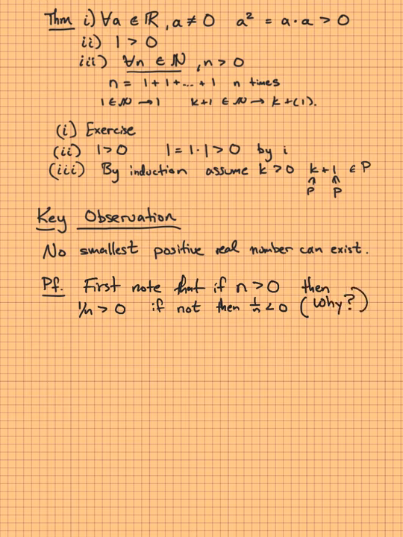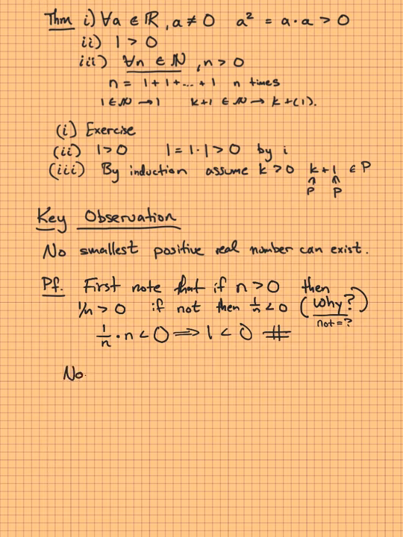Think about and answer to yourself why 1 over n can't be equal to 0. So then if 1 over n is less than 0, we have that 1 over n times n is less than 0, which implies that 1 is less than 0. And that was assumed not to be true.